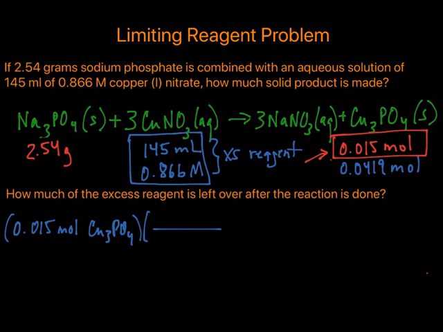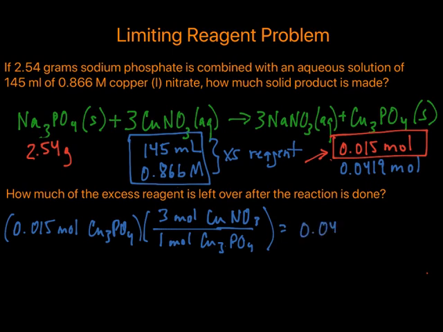From the balanced equation, for every 1 mole of copper phosphate, we're going to use up 3 moles of copper nitrate. So we're using 0.045 moles of copper nitrate. This is the amount consumed.